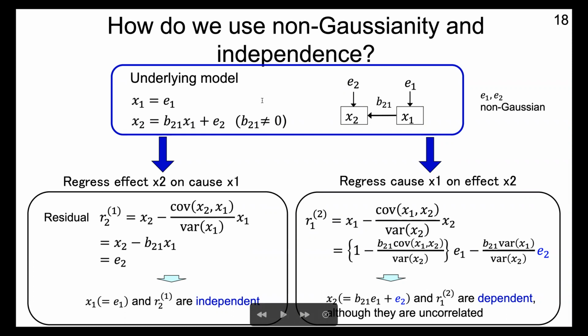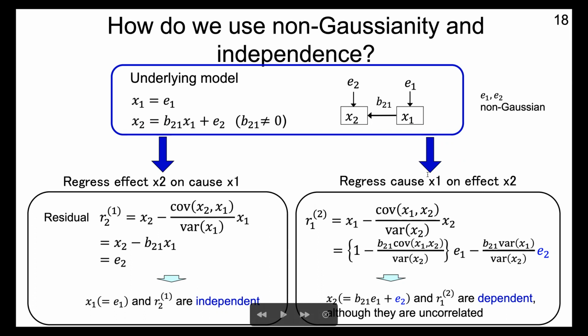In this model, x1 is the cause and x2 is the effect. Suppose that we regress the effect x2 on the cause x1. Then we can show that the explanatory variable x1 and its residual are independent.